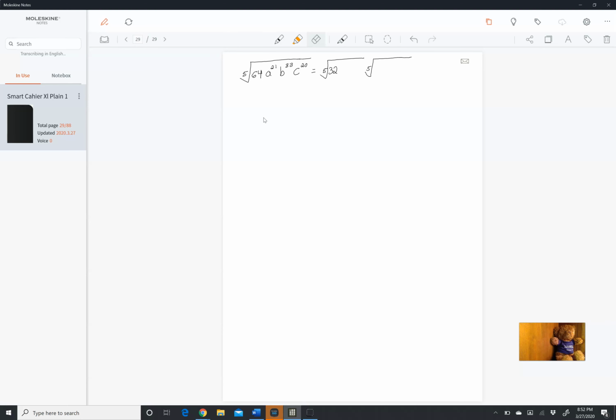And what's left over? Well, 32 times 2 is 64. So the 2 is going to go under the second one. I don't think this is enough room, so I'm going to rewrite it exactly as it is. I'm just going to move it over.